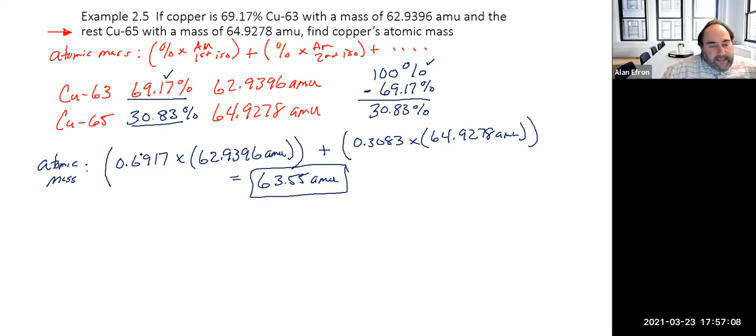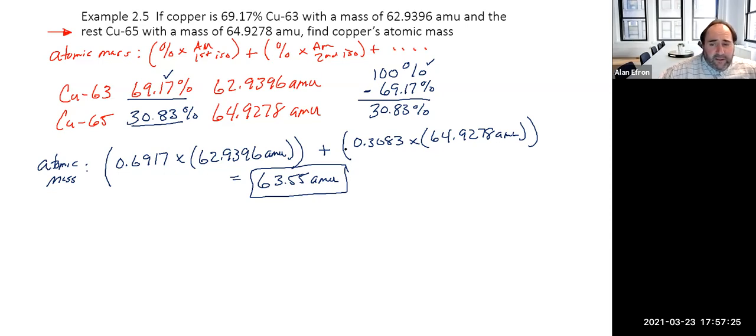So basically percentage, which is sometimes referred to as the percentage, sometimes referred to as the percent abundance, sometimes referred to as the relative abundance of these different isotopes. But basically the percentage times the atomic mass of each individual isotope, and then you add them all together.